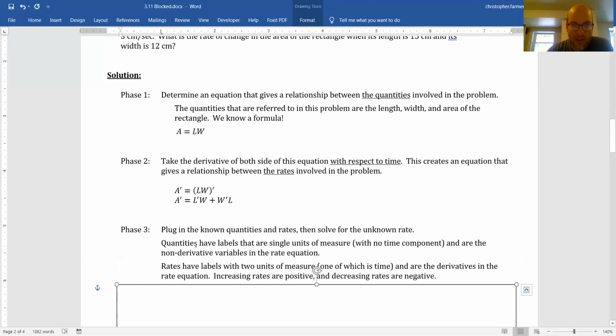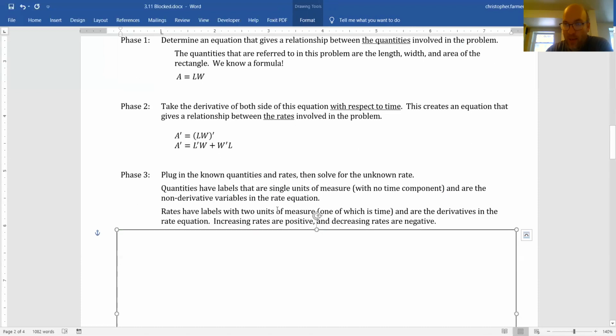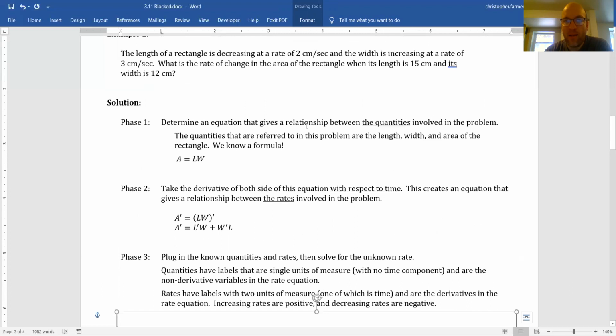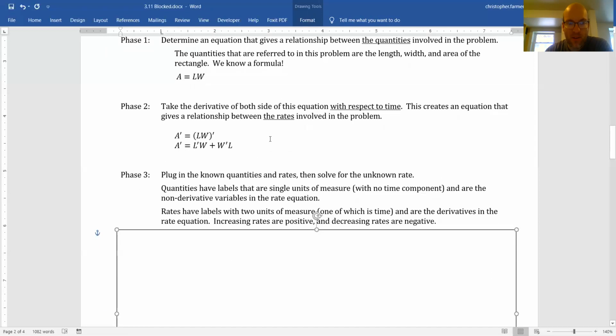Quantities that have labels that don't have the per second or any sort of time unit are the non-derivative variables. They're normal, in this case, length and width, just have one length label. The rates are either labeled as rates or are going to be labeled as something like miles per hour, feet per second, in this case, centimeters per second. That per in there, along with the time unit, tells us that you're dealing with a rate. And as we said here, rates are derivatives.